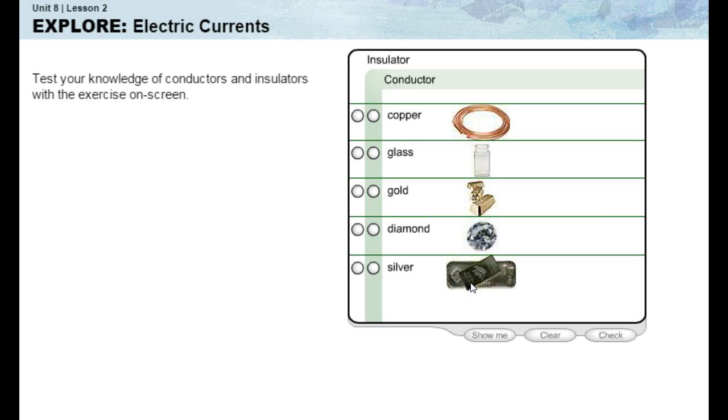You could stop this recording, open your OLS, and try to complete this. It would be very good, hint, hint, because this will be on your unit assessment. I am just going to help you with one by showing you that copper is a good conductor. It's your job to do the rest in your OLS.